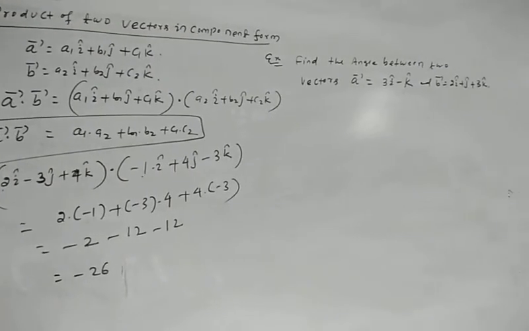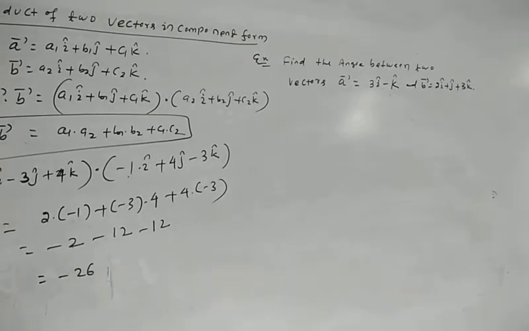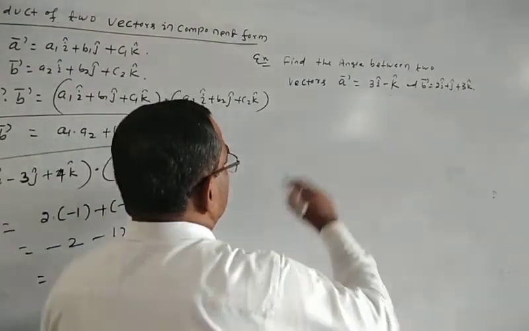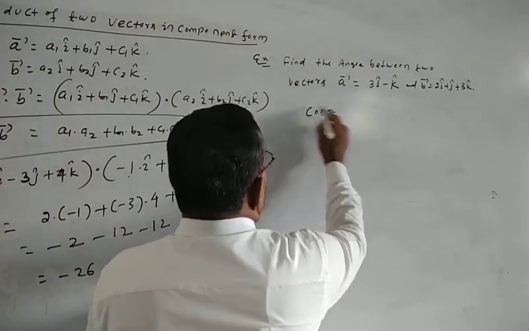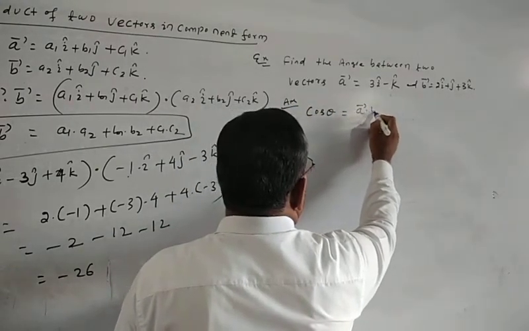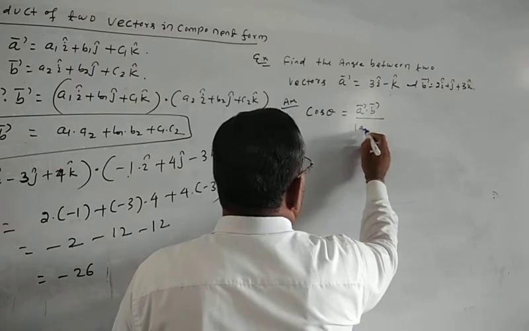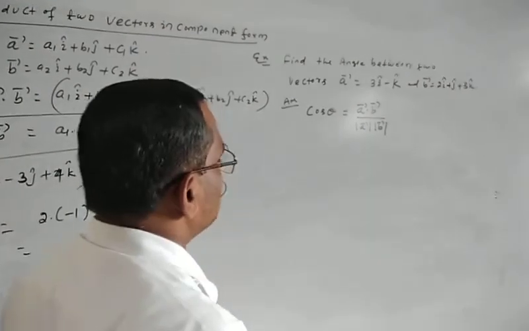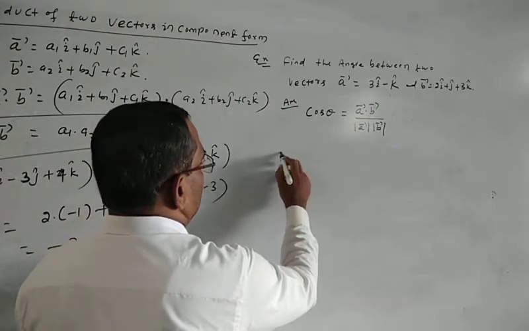Cos theta is equal to a vector dot b vector by a vector magnitude into b vector magnitude. First we find a vector dot b vector.